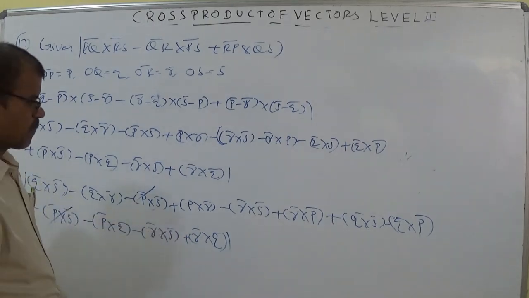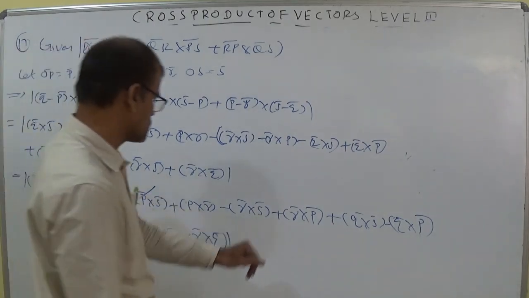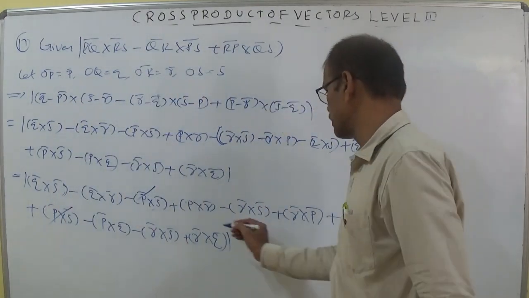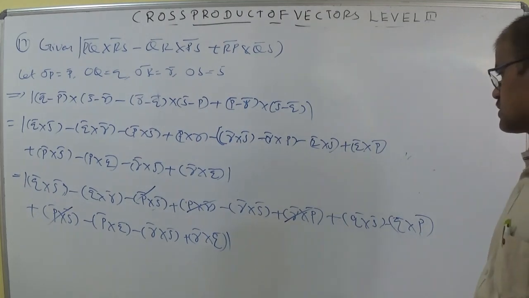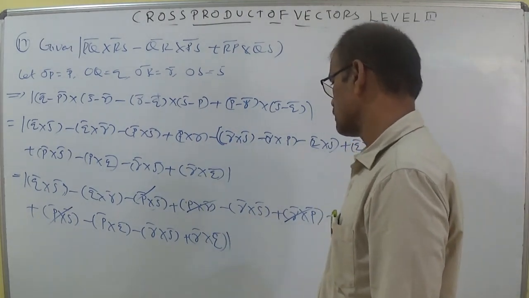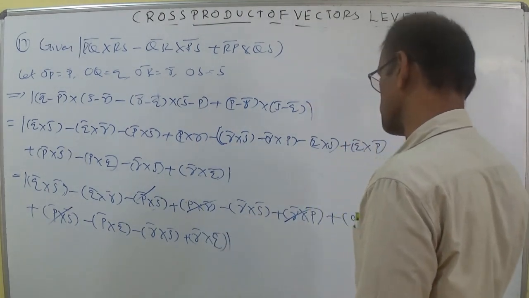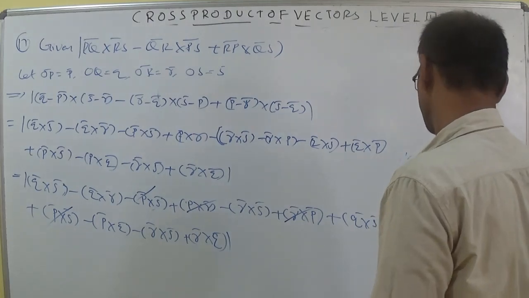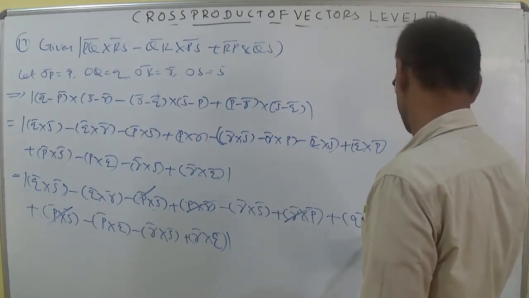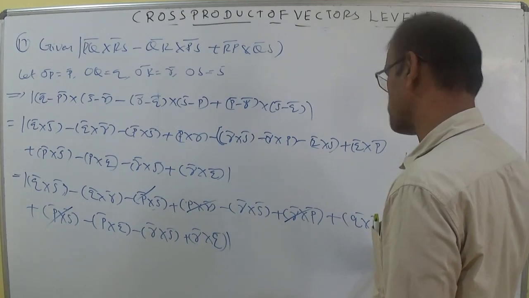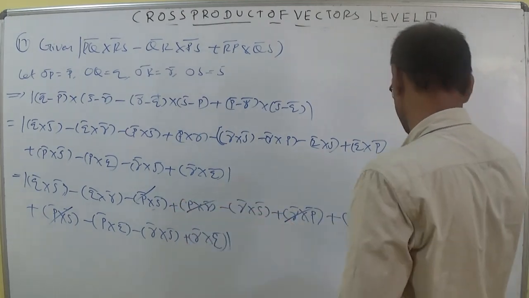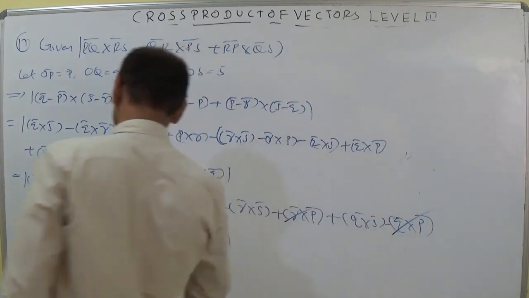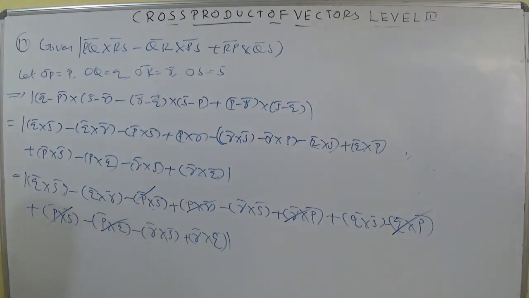P cross R and here it is R cross P, minus and minus, get cancelled. Next minus R cross S is also minus R cross S. Next Q cross S. Minus Q cross P, here minus Q cross P, it can say plus P cross Q. This one gets cancelled.